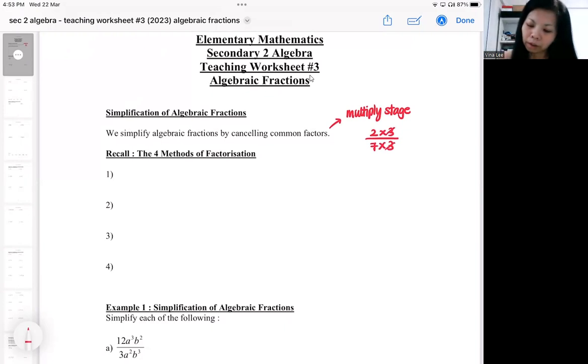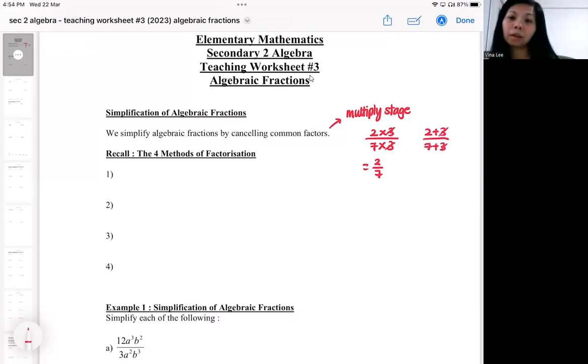But if you've got 2 plus 3 over 7 plus 3, you cannot cancel. It will be wrong to cancel, because the value wouldn't be the same. A lot of people sometimes unknowingly do it.